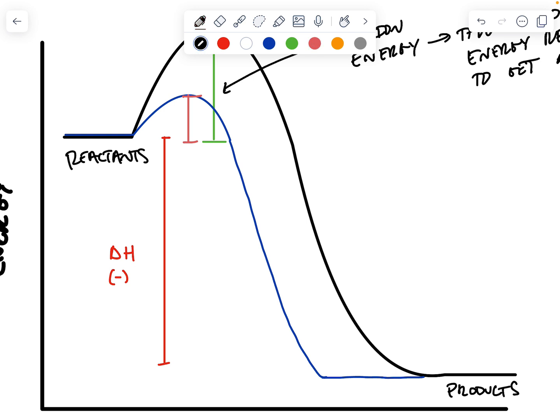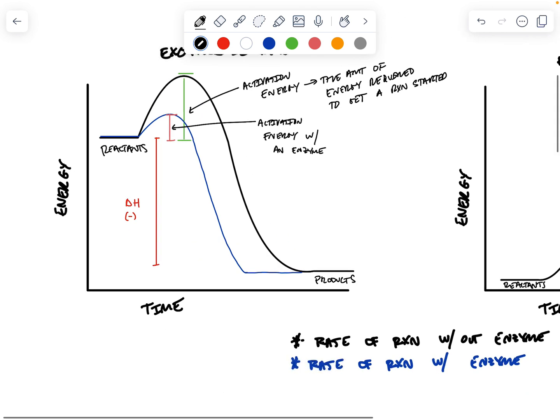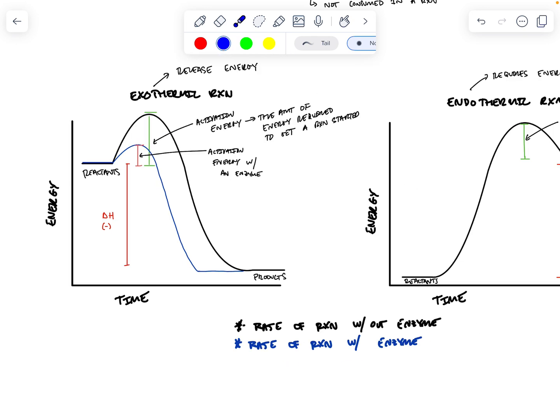So this is activation energy with an enzyme. And as a result, you'll notice here that we create the products much more quickly than without the enzyme. Because the energy of activation is lower, the reaction proceeds more quickly.